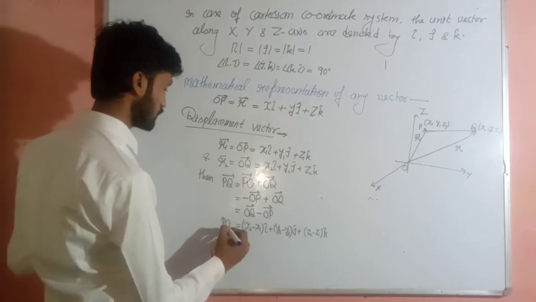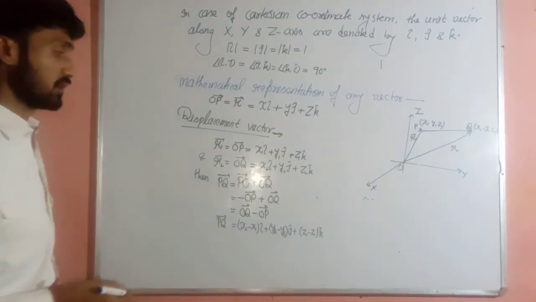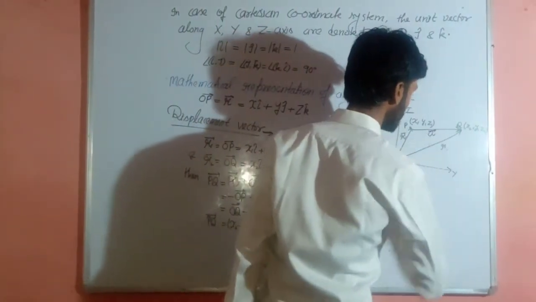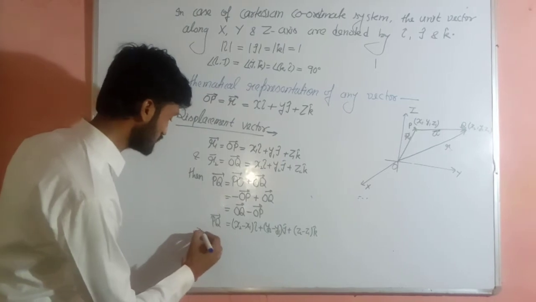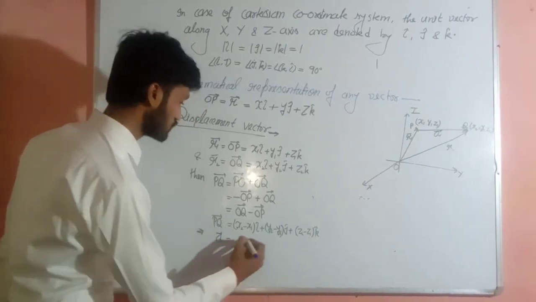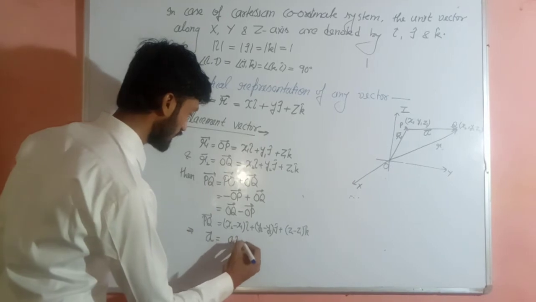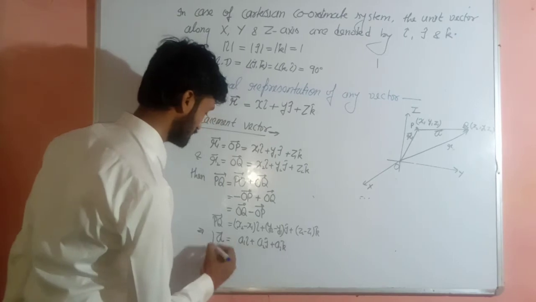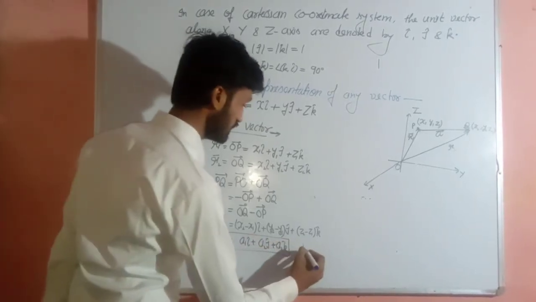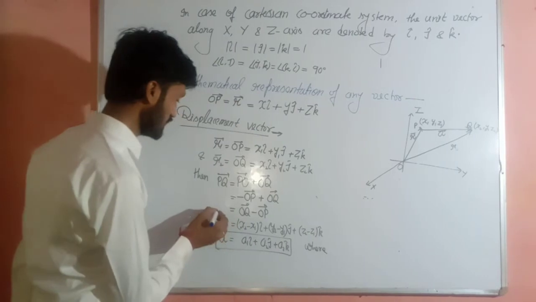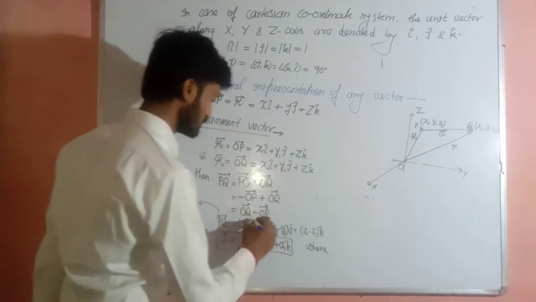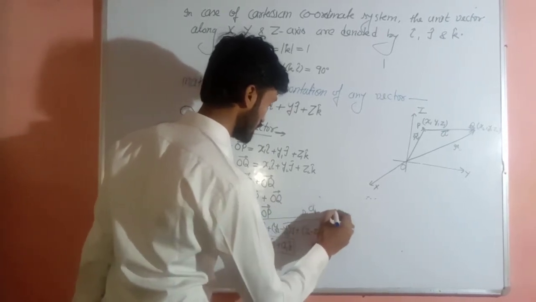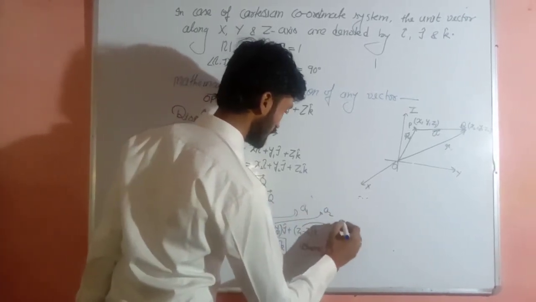Okay, this is P. Okay, if we consider here this is vector A, then this implies that vector A equals, suppose this is vector A1 i cap, this is vector A2 j cap, this is vector A3 k cap, where this is vector A, this is vector A1, this is A2, and this is A3.